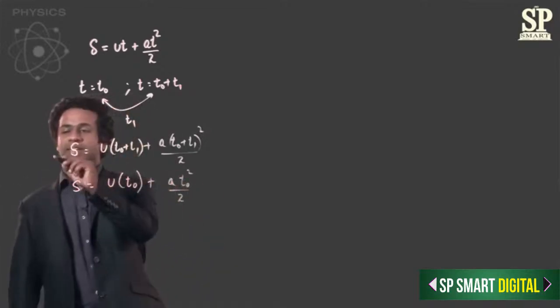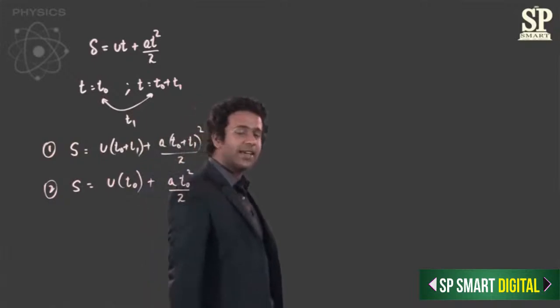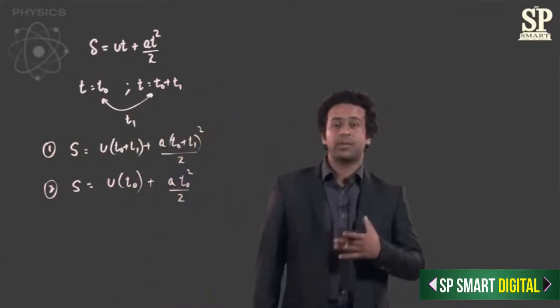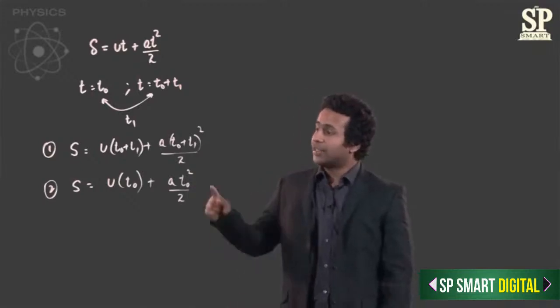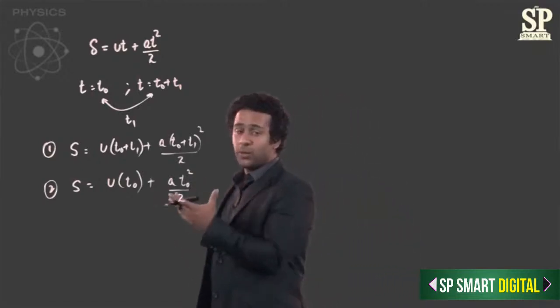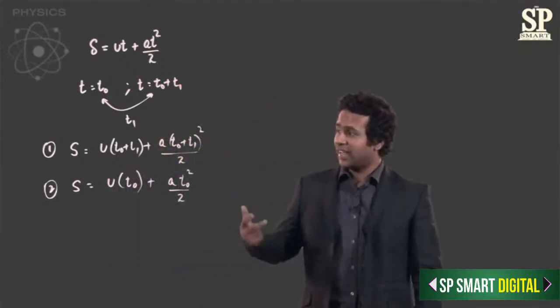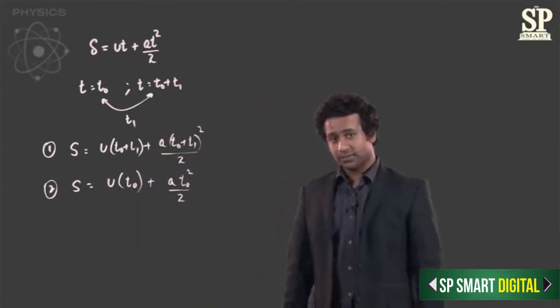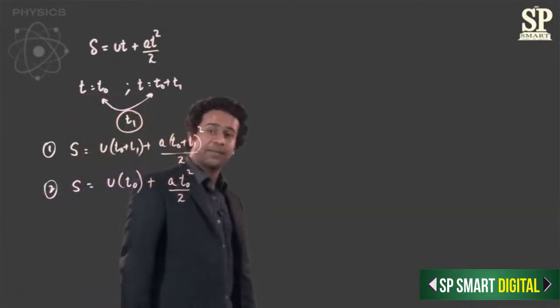So the first equation, let me call this 1 and let me call this 2. 1 basically gives you the displacement from t equal to 0 to t equal to t naught plus t1, and 2 gives you displacement from t equal to 0 to t equal to t naught. Right. So what if I take the difference of these two equations? Will it give me the displacement in this interval t1? It should, right?